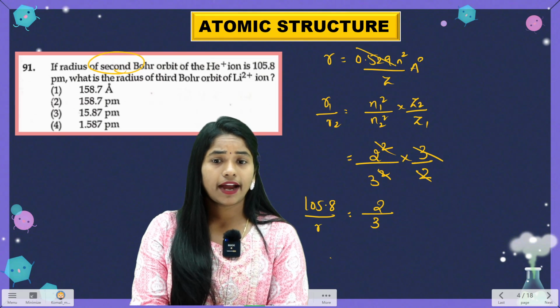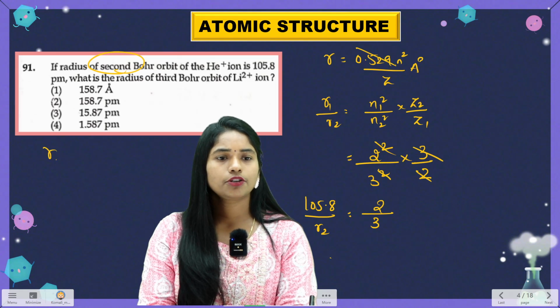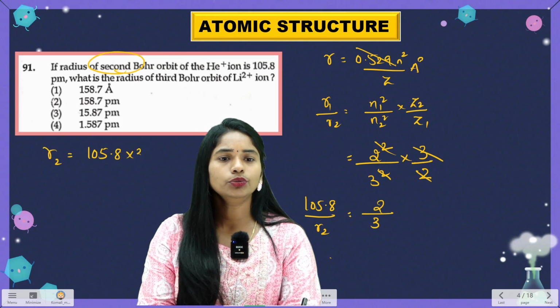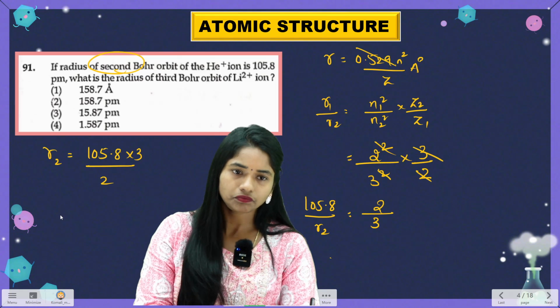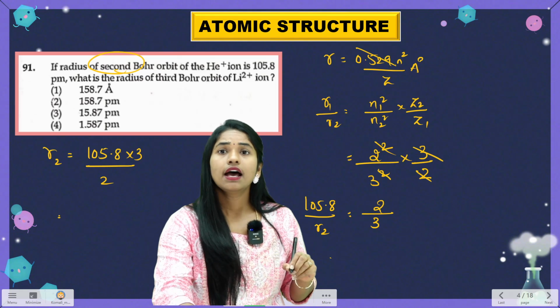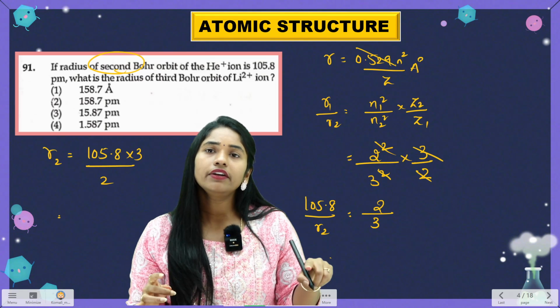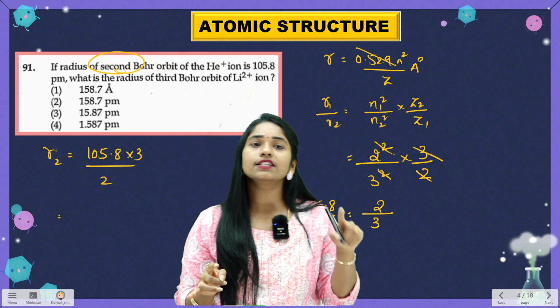105.8 divided by R2. So R2 is equal to 105.8 into 3 divided by 2. To make my calculation faster, I will make 105.8 as 106.